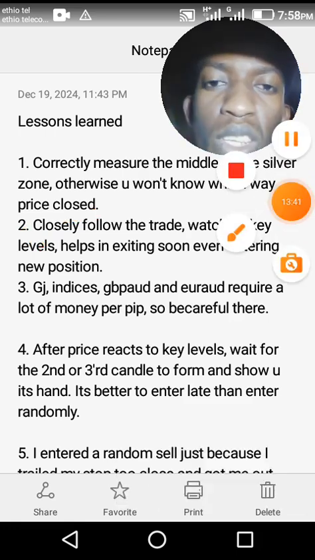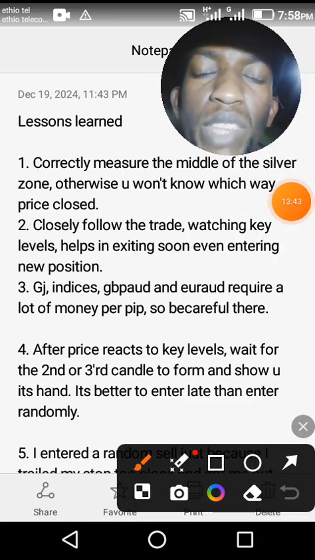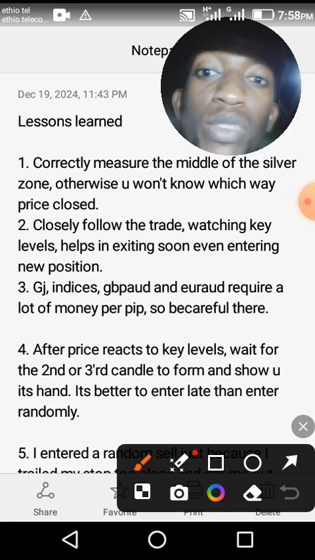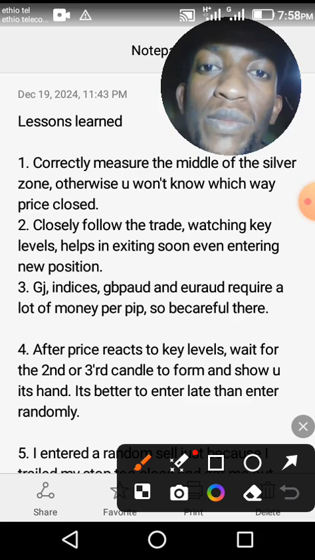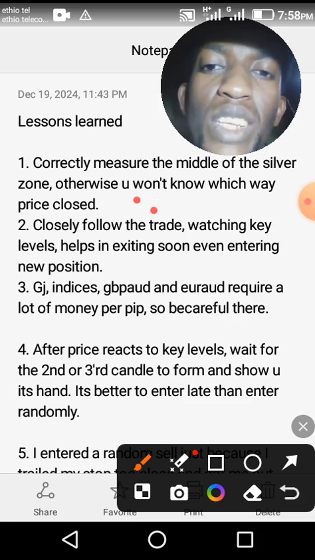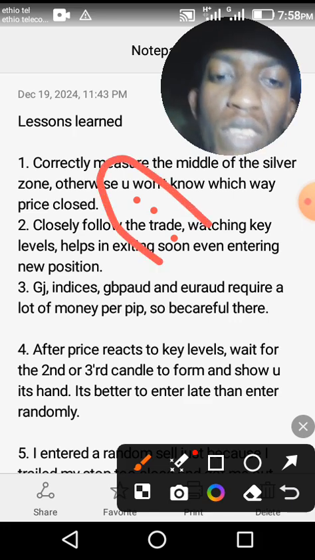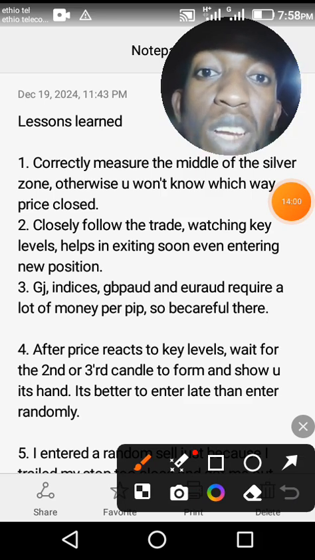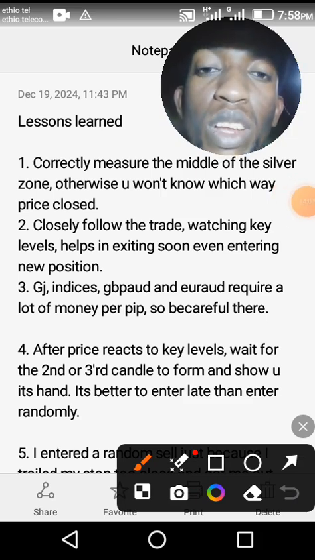So if you are trading a lower time frame like the 5 minutes, the 10 minutes, 15 minutes, anything below the 15 minutes, then you want to watch what the price is doing. At least enter the trade and then check it back again, right? You want to see what the price wants us to do around those key levels. What are those key levels?